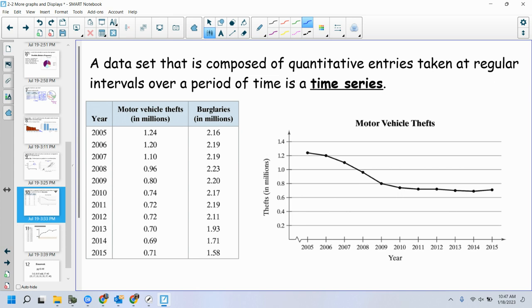So if we calculate the average daily temperature and we graph that, at regular intervals every day, graph it, make a time series chart. This is motor vehicle thefts in years.